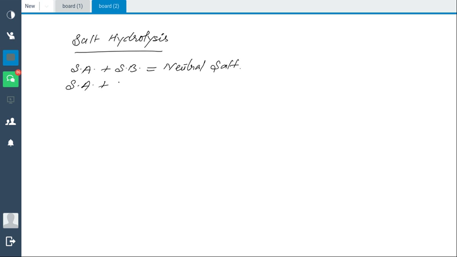Strong acid plus strong base will give you a neutral salt. This will give you an acidic salt. Weak acid plus strong base will give you a basic salt.